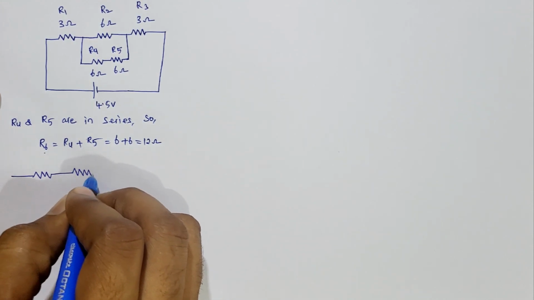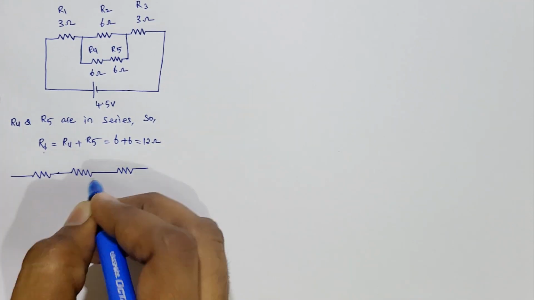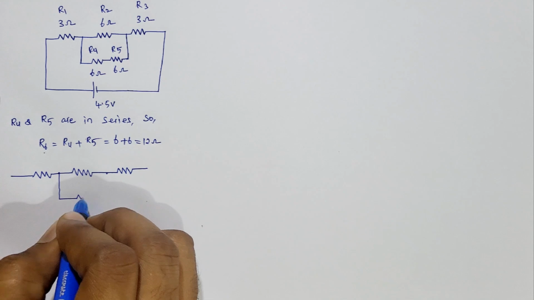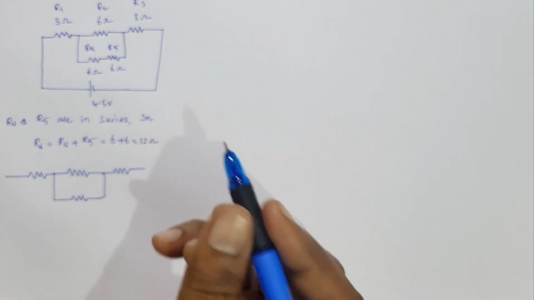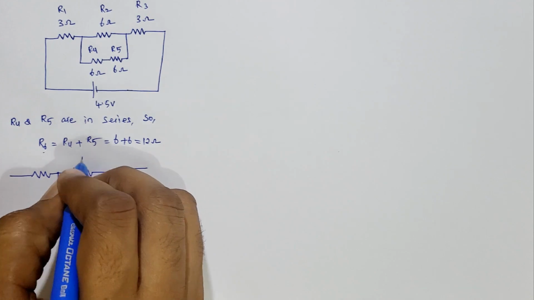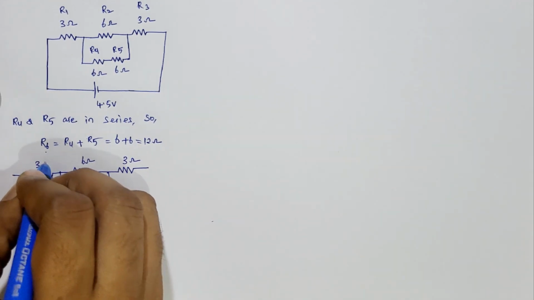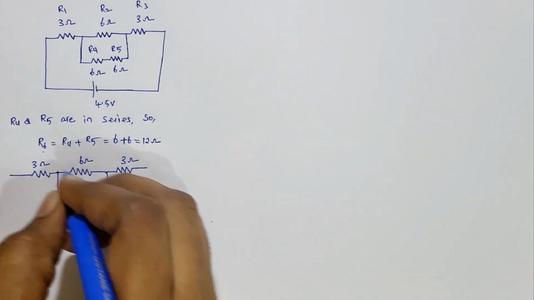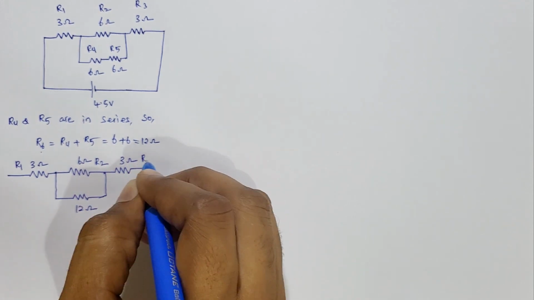My diagram is very poor with pen, but you people don't draw like this. Please use pencil and scale and draw neatly. If I use pencil and scale, the video will become lengthy and you would have to spend so much time watching one video. 6 ohm, 3 ohm, 3 ohm, 6 plus 6, this one will become 12 ohm. This one is R1, R2, R3.